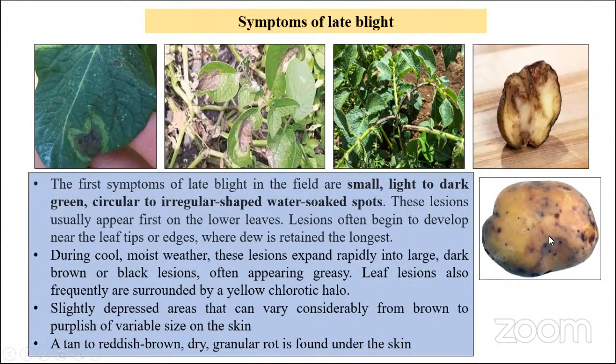On the surface of the potatoes, slightly depressed areas that vary from brown to purplish, and which are variable in size, are visible on the skin of the potato. These are the different types of symptoms which appear in late blight infected potato plants and tubers.